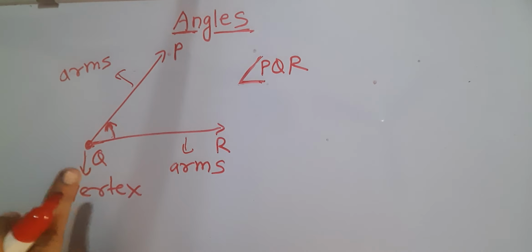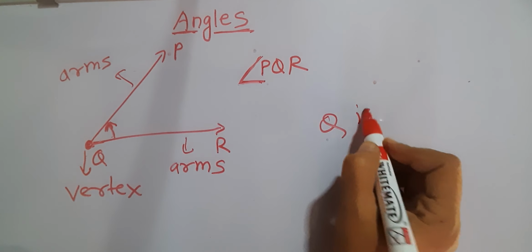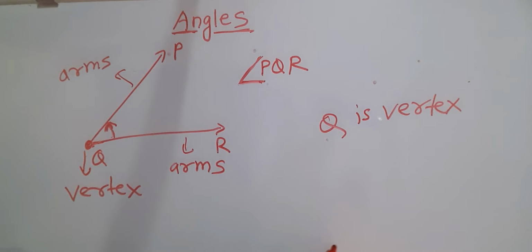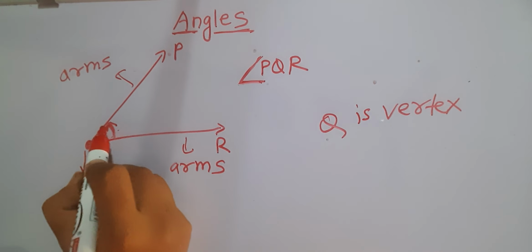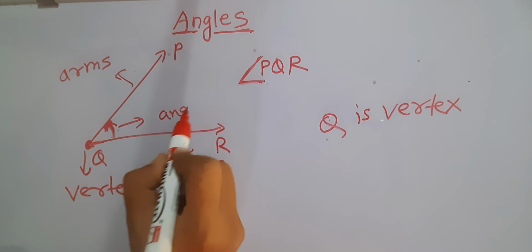So in this case, for the angle PQR, point Q is the vertex. And this part is the angle. I hope this is clear.